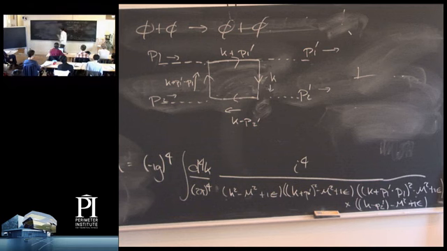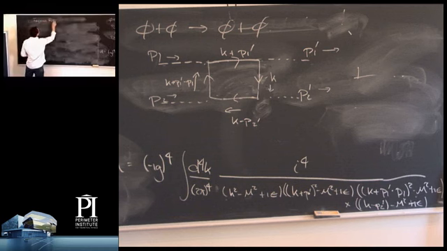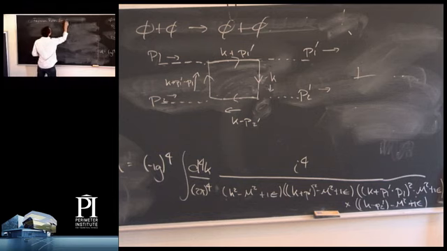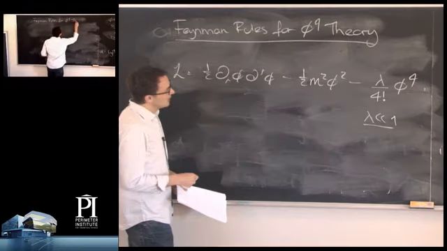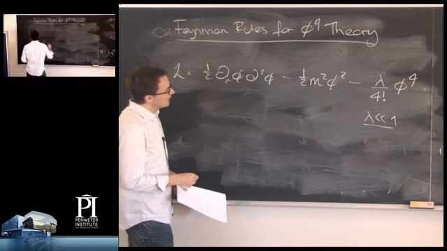Good. Let me just tell you about a different theory. This is universally called phi to the 4 theory, or sometimes lambda phi to the 4 theory.